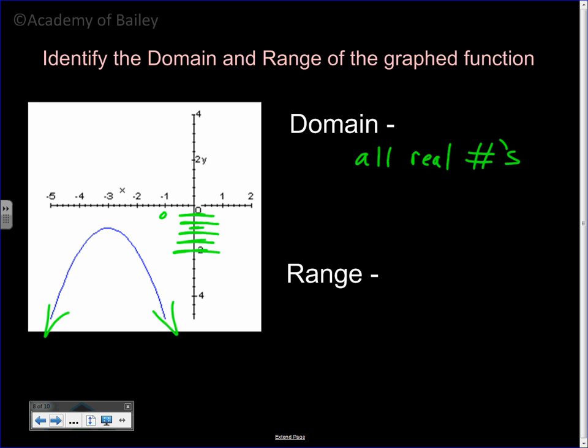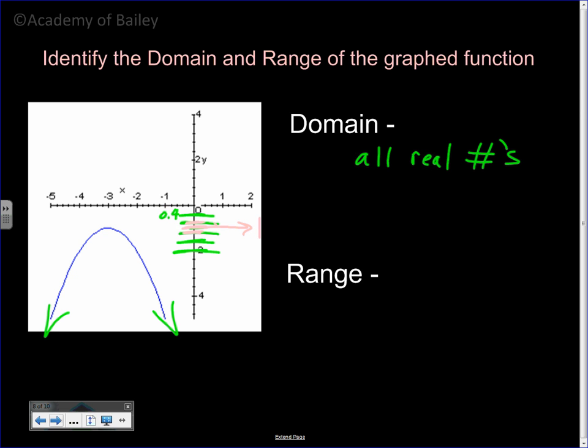So if this is 0.4, this one here, 0.8, and this one here is 1.2. Right there is halfway between 0.8 and 1.2, which would be 1. So the range, the largest value for the range is going to be 1.